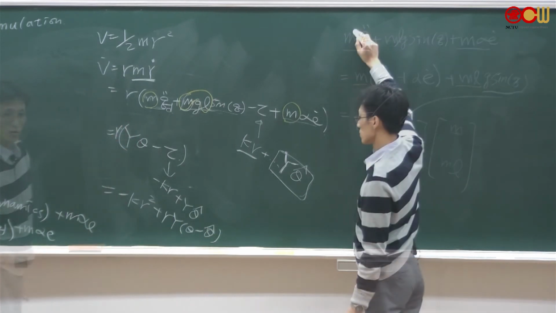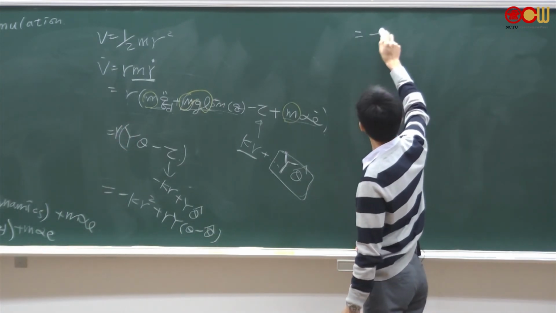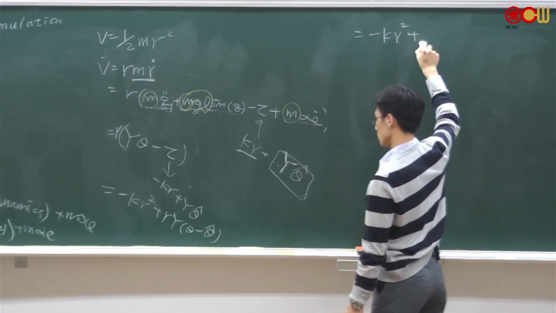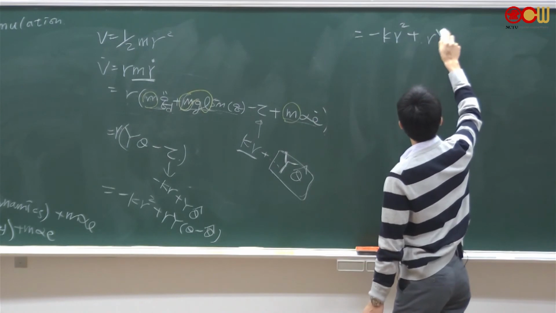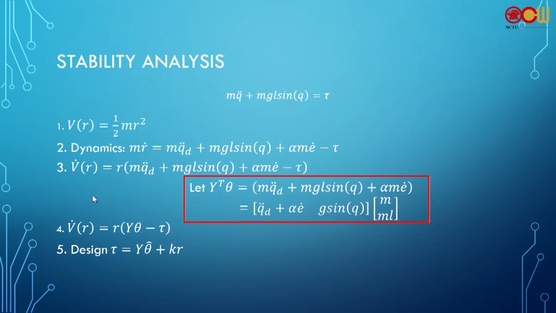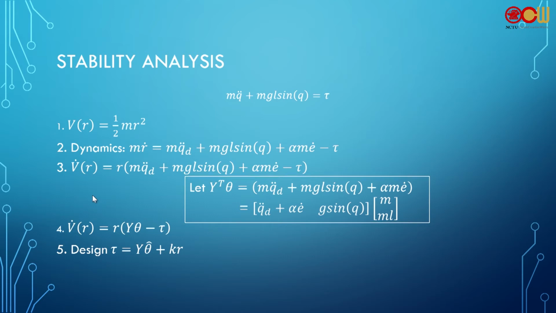Okay, so that gives me minus kr squared plus r y. So here's y transpose. Y and theta are column vectors. So y transpose will be row vectors. The product of these three is y transpose theta. Okay, here's a typo here.